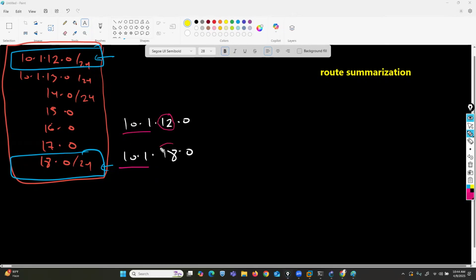So here we can change this third octet into binary. So I'm trying to change 12 into binary. So 128 no, 64 no, 32 no, 16 no, 8, 4, 2, 1. You see clear?